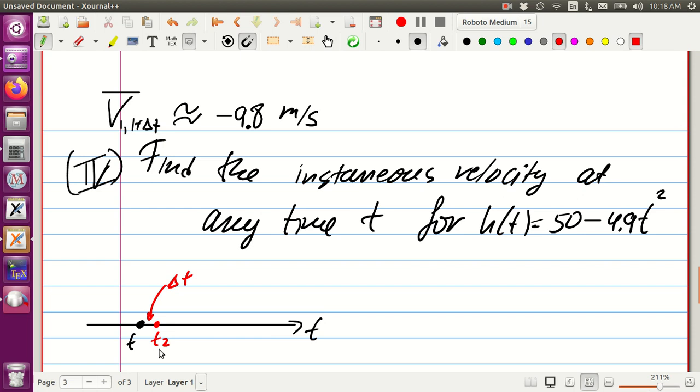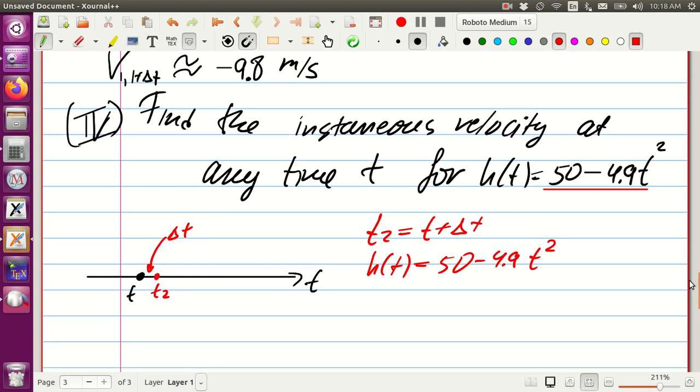All right. So what would be our setup? T2 will be t plus delta t. H of t, we know it's this quantity, just 50 minus 4.9 t squared. We need to find h of t2, which is h of t plus delta t.